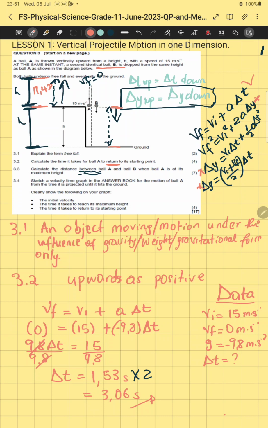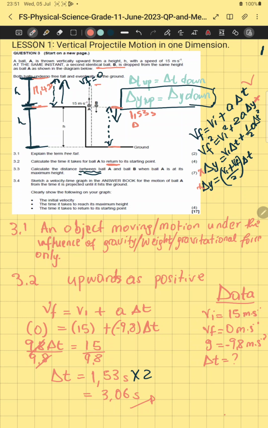So that means exactly at the time that ball A took from the highest point to this point, which is 1.53 seconds. That time when ball A reaches here, it's the same time ball B was dropped. So that means ball B leaves this position here in 1.53 seconds.